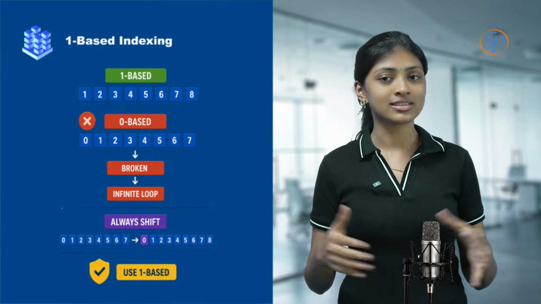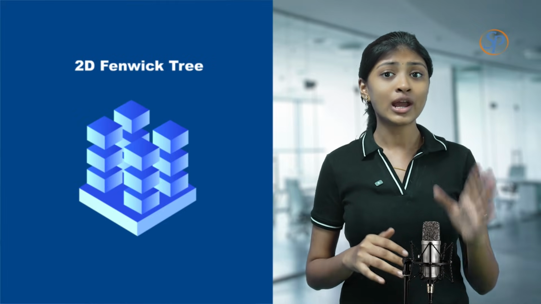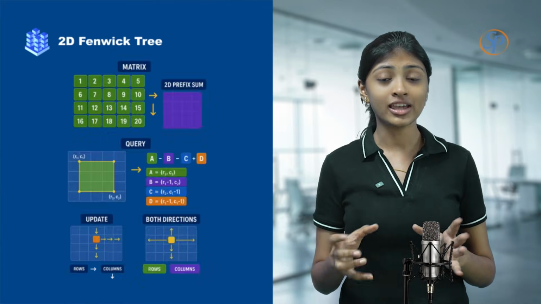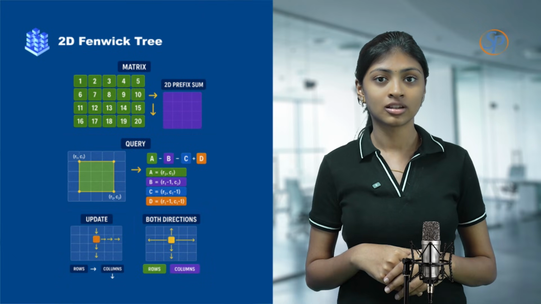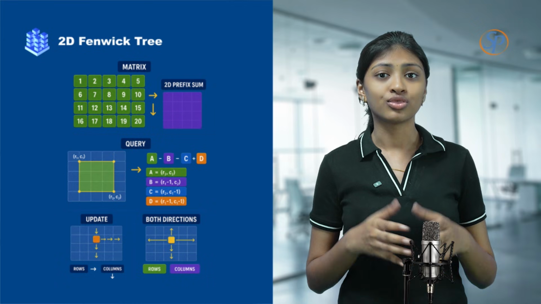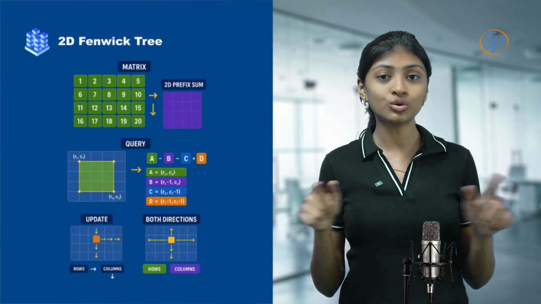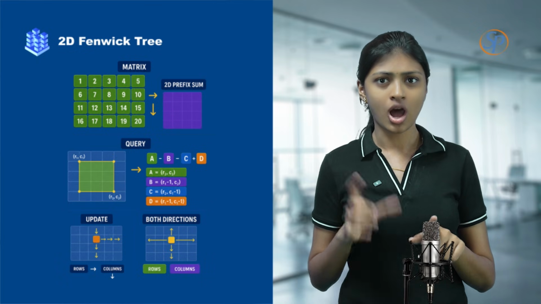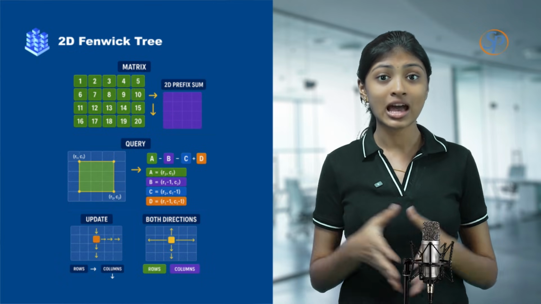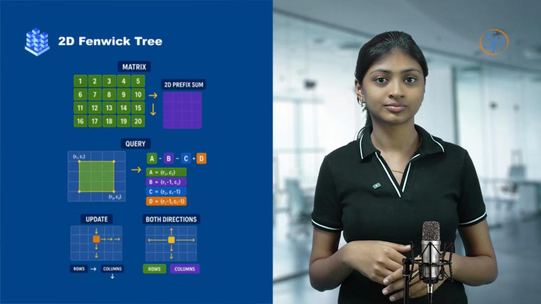Now let's expand this idea. 2D Fenwick tree. Now imagine instead of an array, you have a matrix. Now you want prefix sums over rectangles. The same idea extends, but now you move in 2 dimensions. So updates and queries happen in both row and column directions.